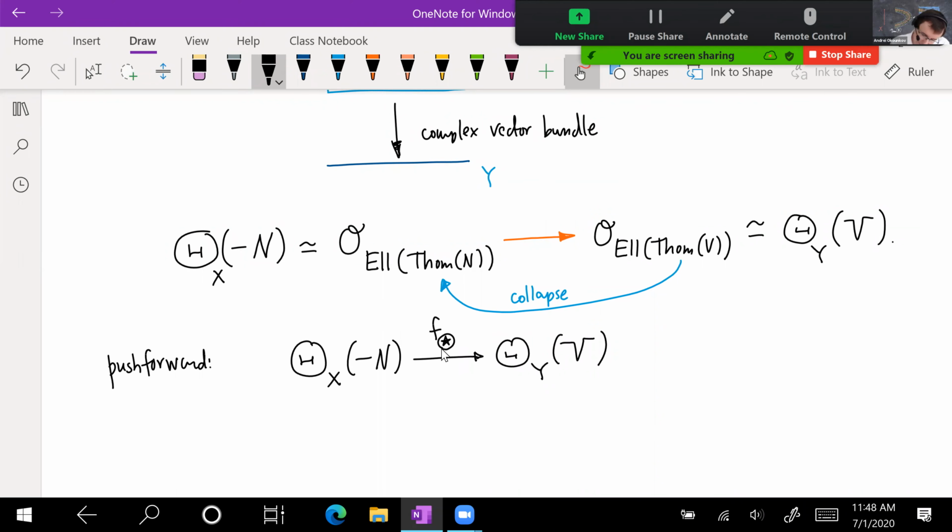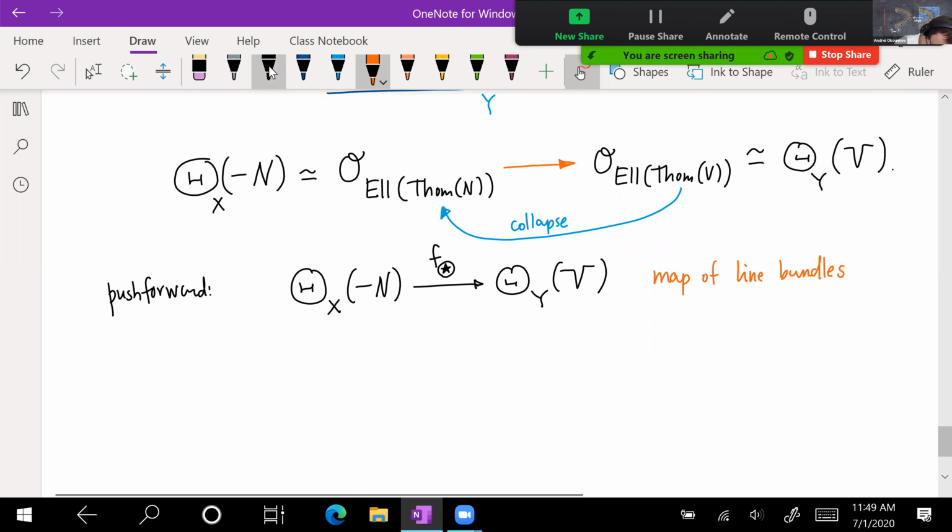But then you can twist both sides by a line bundle. There's a tautological map.